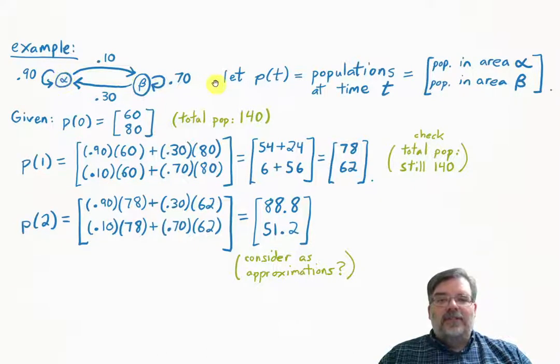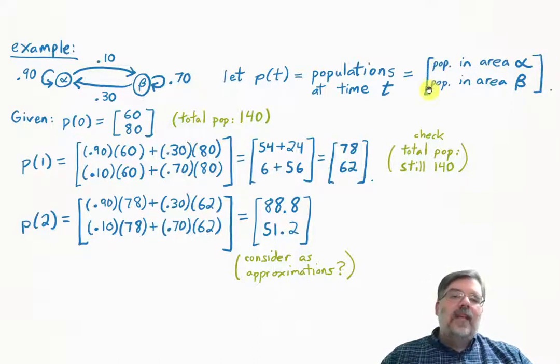These are the numbers. And for our notation, let's think of p of t as a function which tells us the two populations at time t. And so p of t is like a vector output function, right? At any time t is a single number, the output will be a vector where the first component gives us the population in area alpha, and the second component gives us the population in area beta.